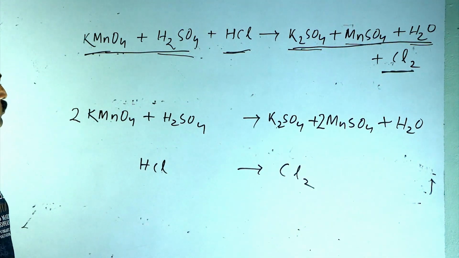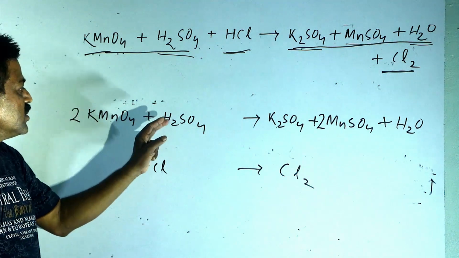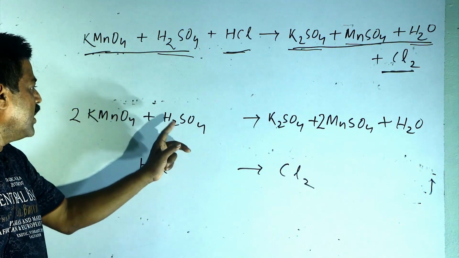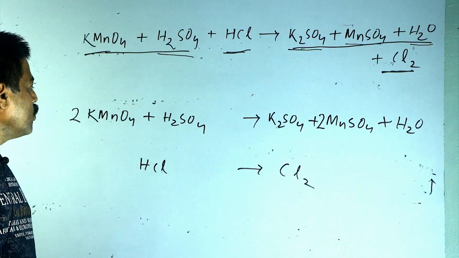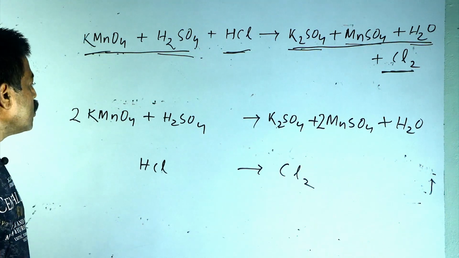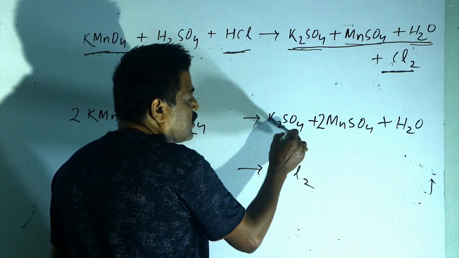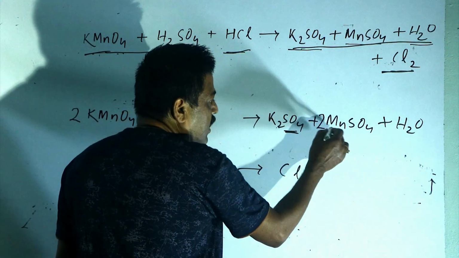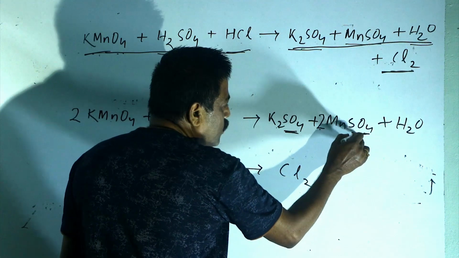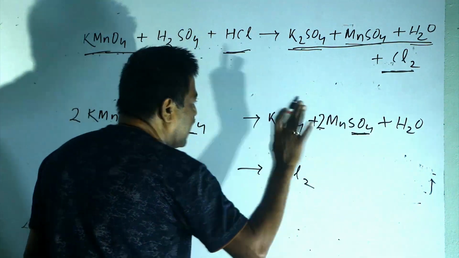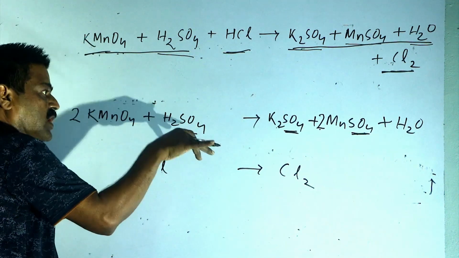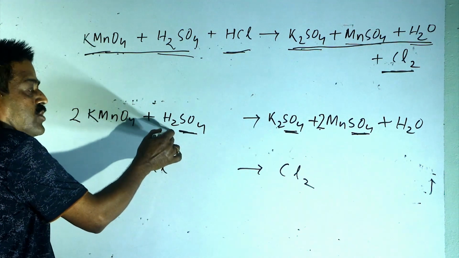Now before balancing the hydrogen atom or oxygen atom, we have to consider the number of sulfate. Here the sulfate radicals are 1, here the sulfate radicals are 2. So total SO4 radicals are 3, which can only come from this H2SO4.